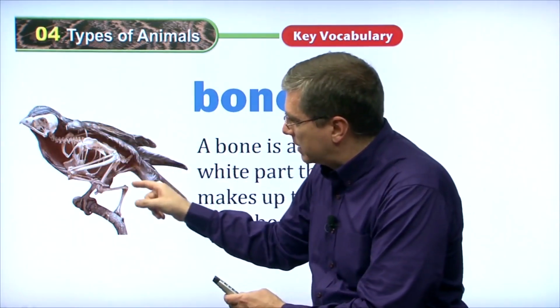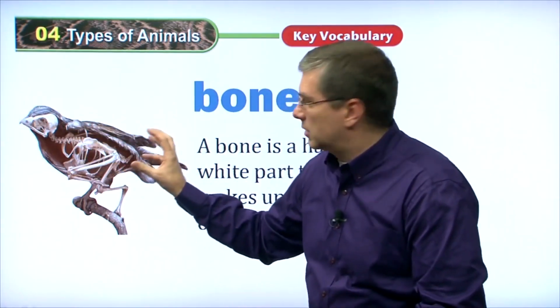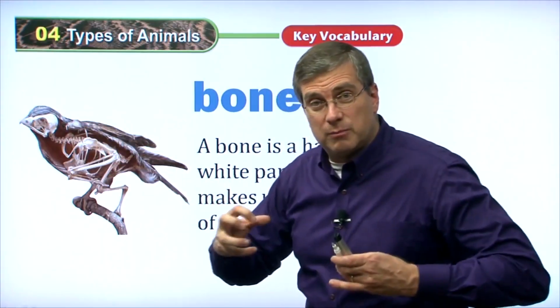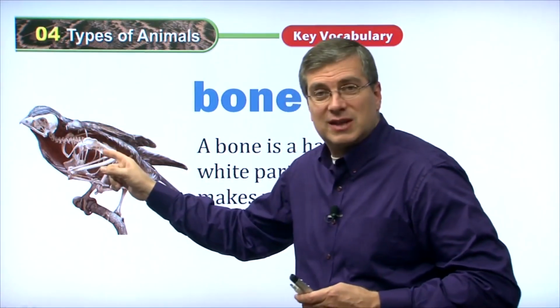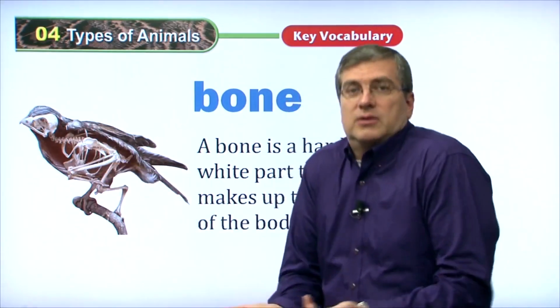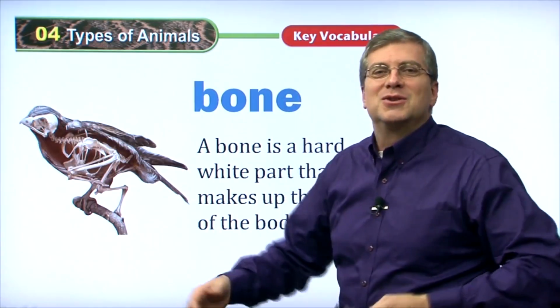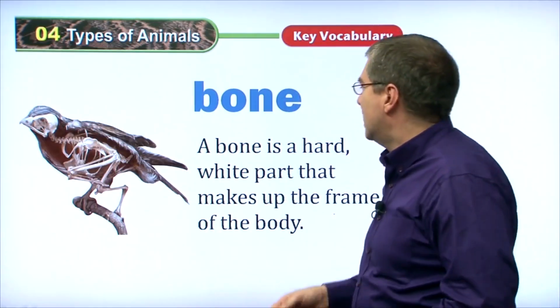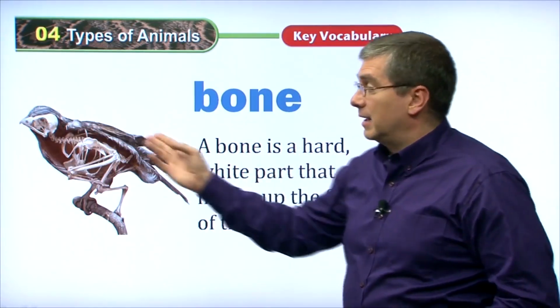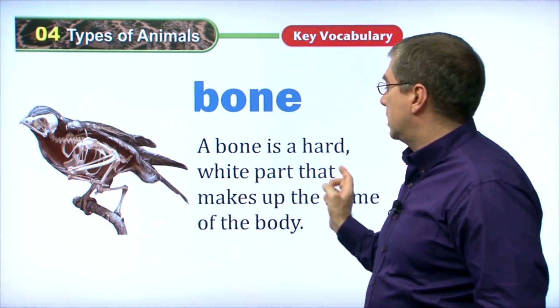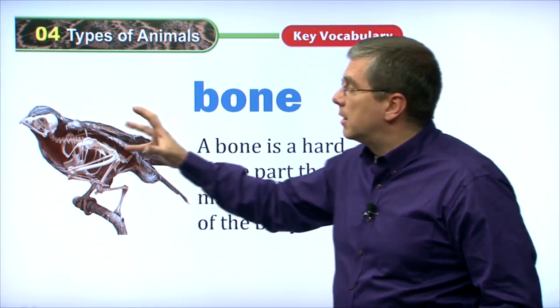You're left with the skeleton, the hard, bony structure inside an animal that supports the body, right? If you didn't have the skeleton, right, there's no support. It would just fall apart. There's nothing to be able to move around, right? So a bone is a hard, that's the most important thing of a bone, is that it's hard, white part that makes up the frame of the body.